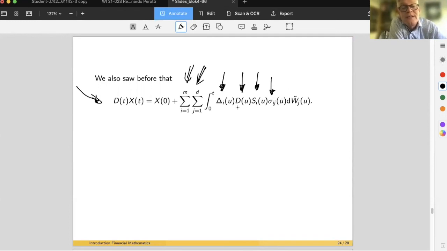So this was our multidimensional version for the discounted portfolio process.